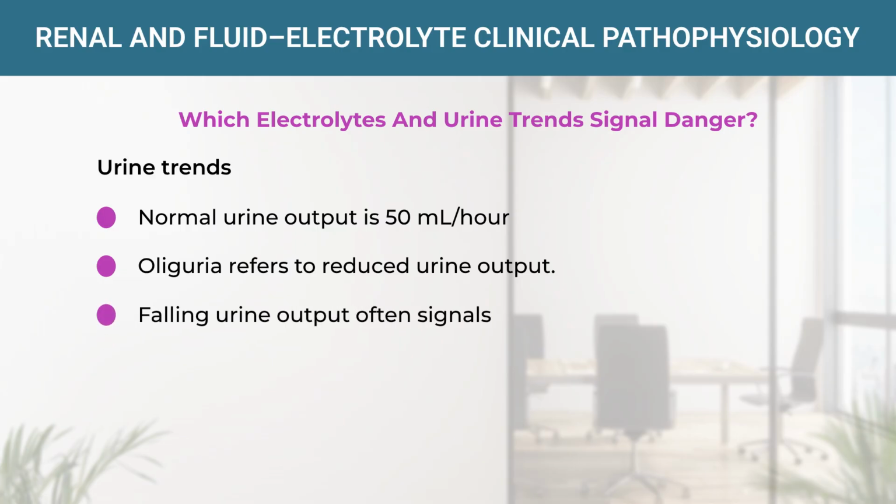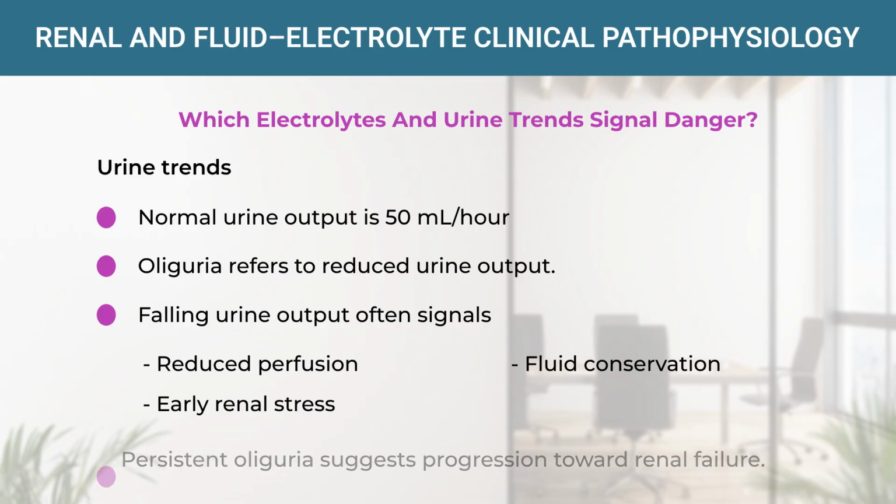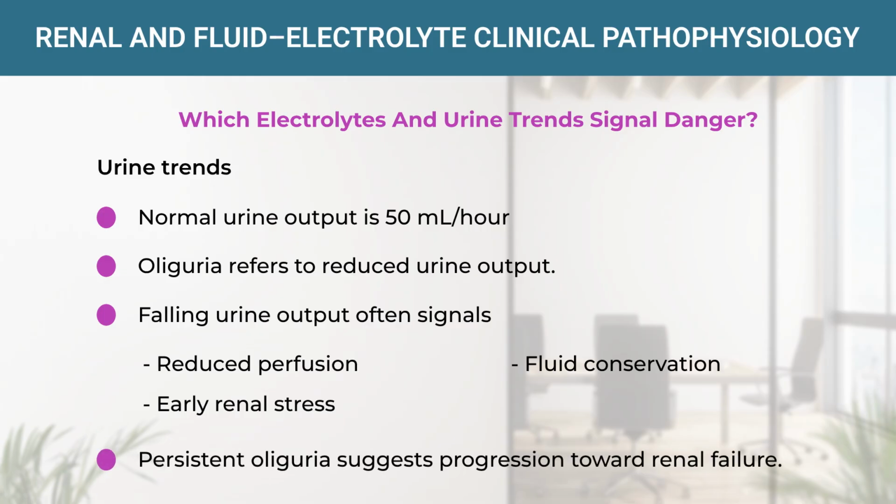Falling urine output often signals reduced perfusion, early renal stress, and fluid conservation. Persistent oliguria suggests progression toward renal failure. Small numerical shifts in electrolytes can cause major clinical effects, especially in older or critically ill patients.